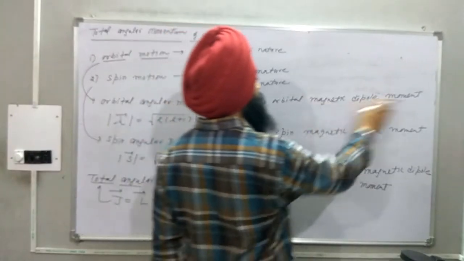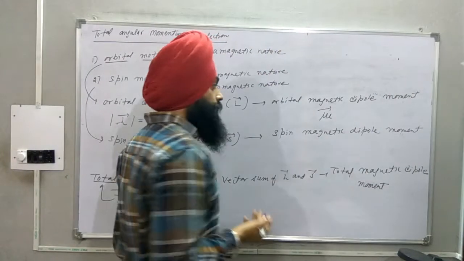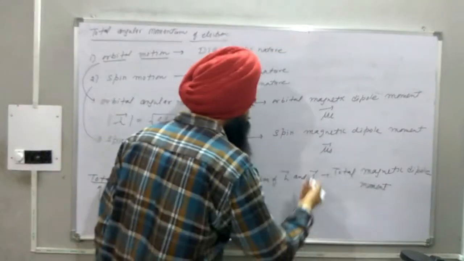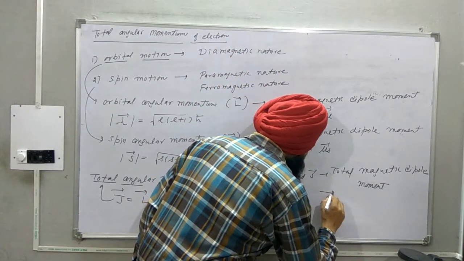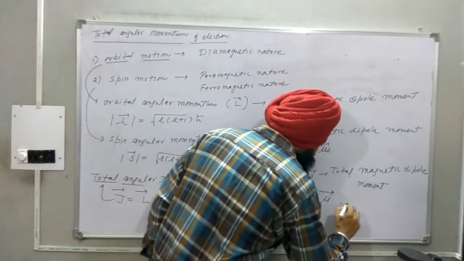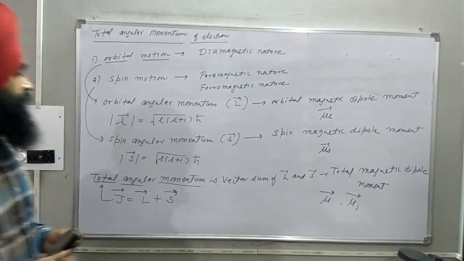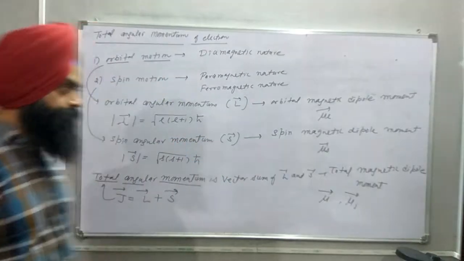The orbital magnetic dipole moment is represented by mu L, and the spin magnetic dipole moment is represented by mu S. Similarly, the total magnetic dipole moment is represented by mu, or some of the books call it mu J. So let us discuss mu L, mu S and mu J one by one.